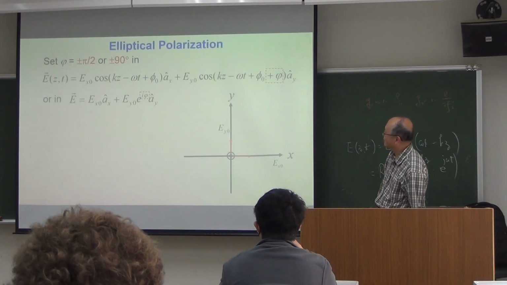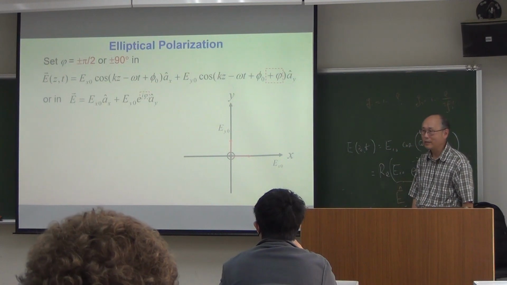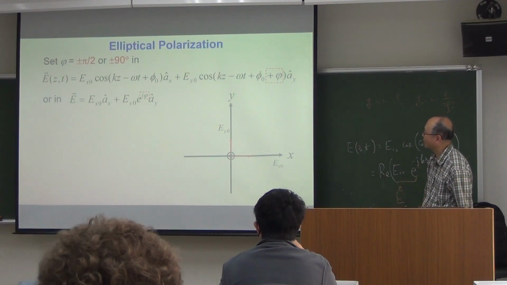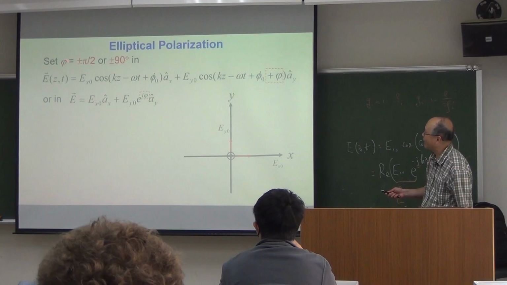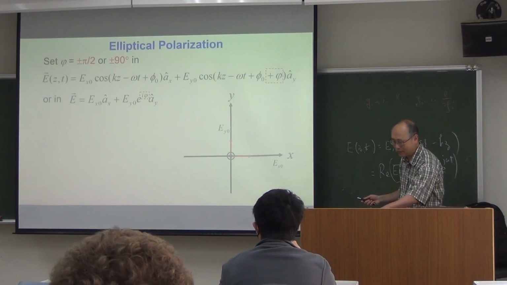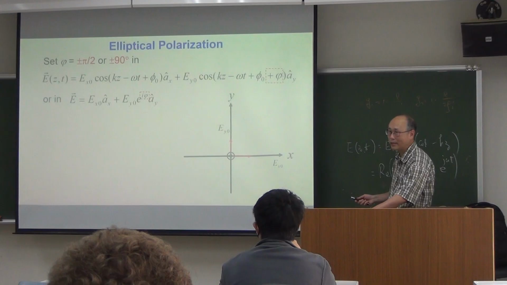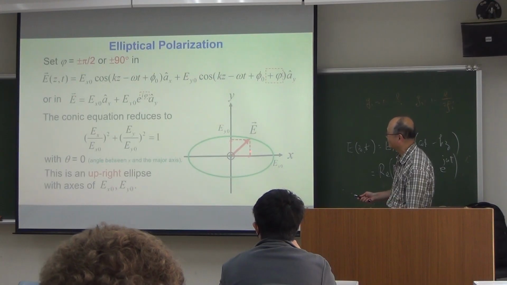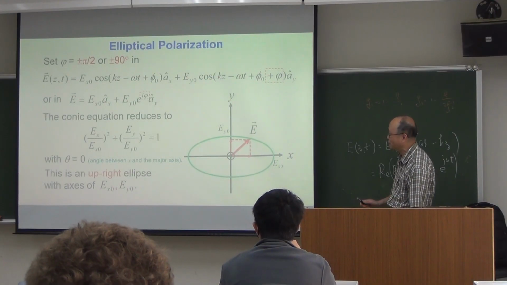All right, now let's try to take control of the polarization of the light. Let's set this phi equal to plus or minus 90 degrees. Then the slanting angle becomes 0, okay? Now you have an upright ellipse like this.